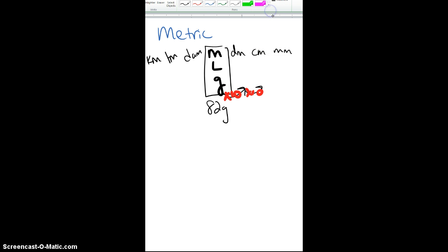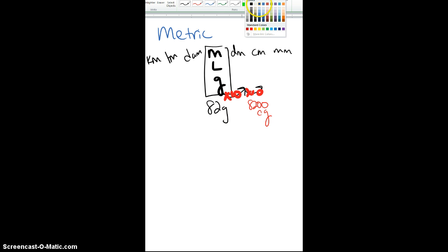So I'm going to have 100 times the numeric value, so 8,200. But I have a smaller unit, so now I have centigrams. As I go to the right to a smaller unit, if I go 2 jumps, my decimal jumps twice because each jump is a power of 10. There's one power of 10, another power of 10. So basically this gets multiplied by 100.